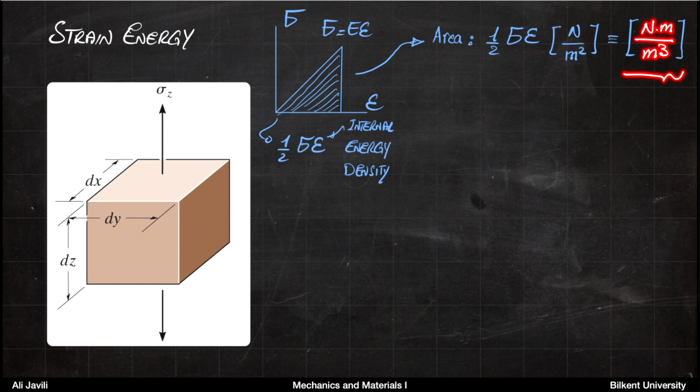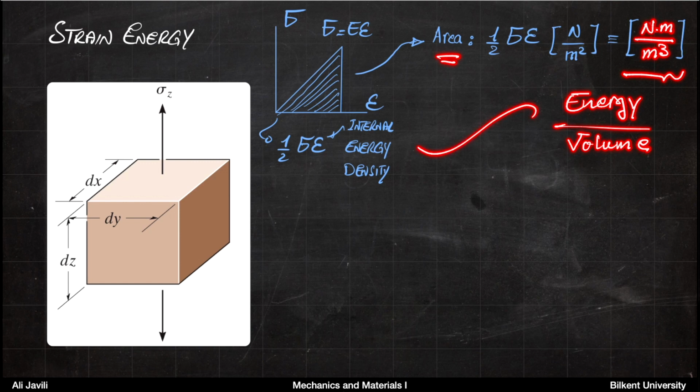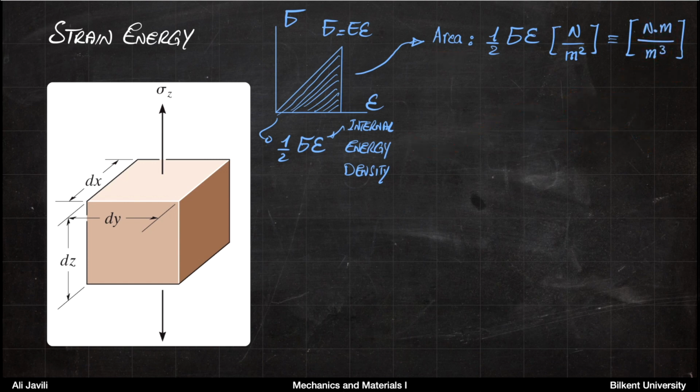Now, this is interesting because this basically tells you Newton meter is energy and meter cubed is volume. So this basically tells you that the area is energy density. It's energy per volume. All right, so the area under the line, or 1/2 of sigma epsilon, is the internal energy density or strain energy density.